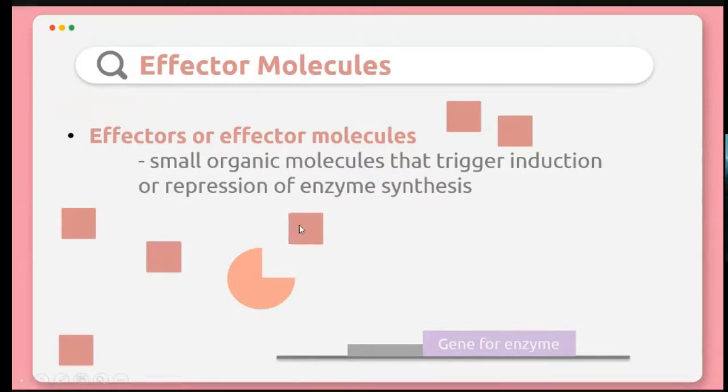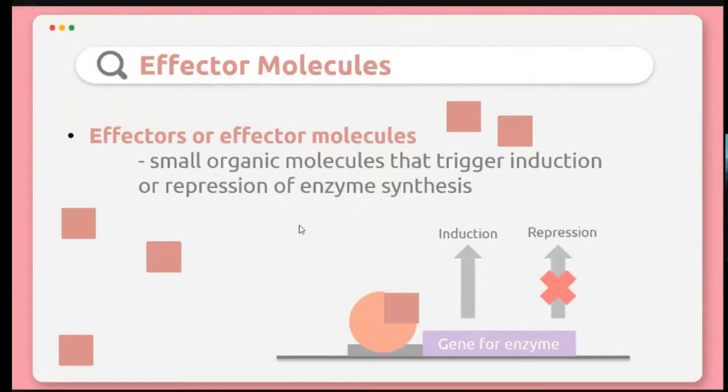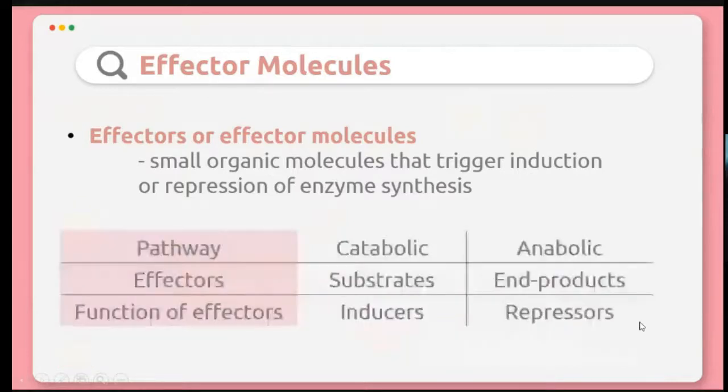Tapos, magbabind siya ngayon dito sa enzyme or in protein. Tapos, ito ngayon ay i-induce or mag-repress ng enzyme na yon. So, again, yung effector molecules, common siya in both catabolic induction and anabolic repression of the gene of an enzyme. Ayun.